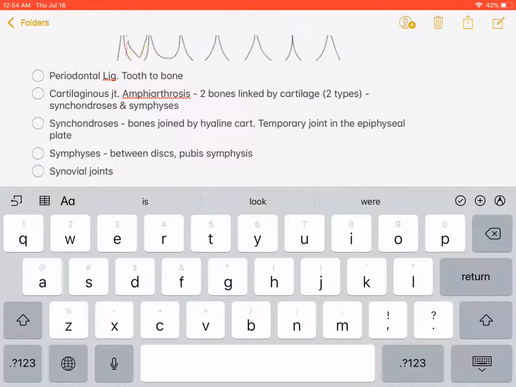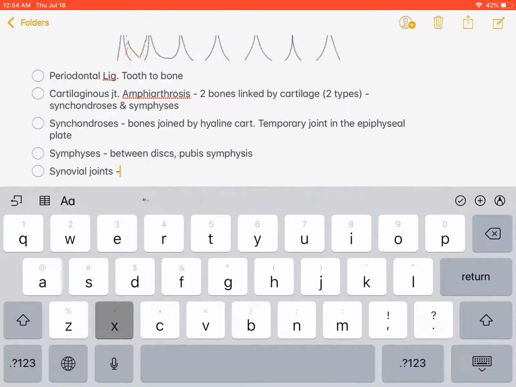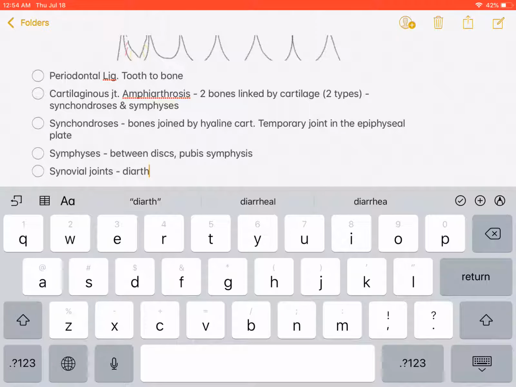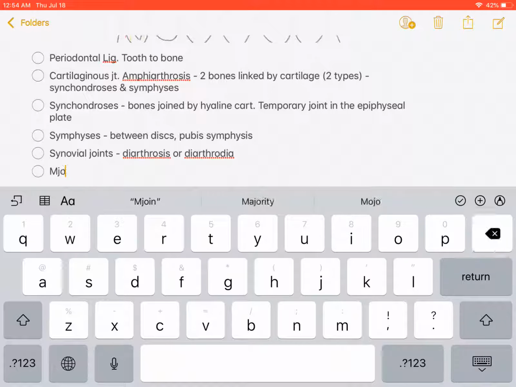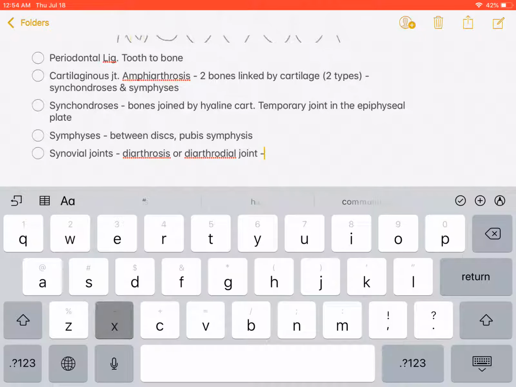Okay, so diarthroses or diarthrodial joint. Now, in this one, we actually have two bones that are separated by a space called the joint cavity.